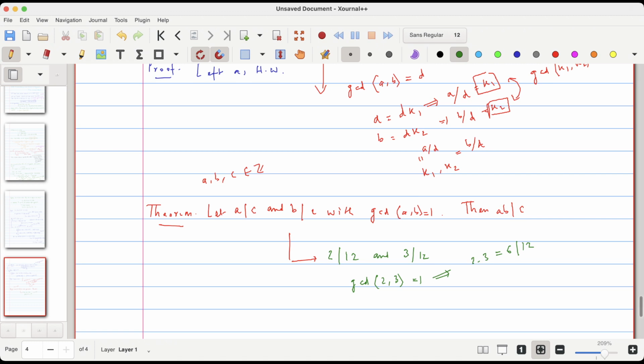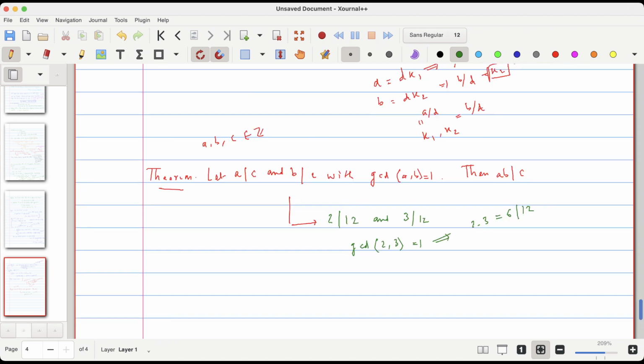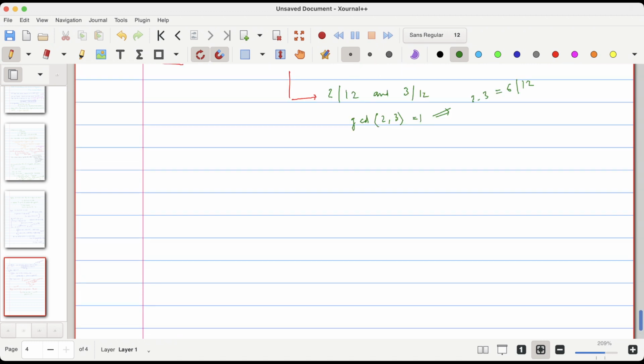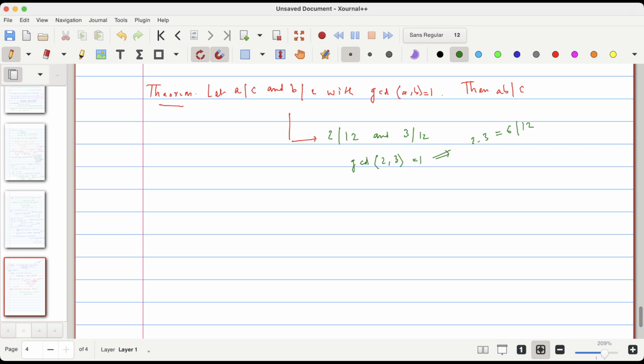So you can have one example to understand what the theorem actually means. Now let us get back to the proof of the theorem. So we know A divides C and B divides C.